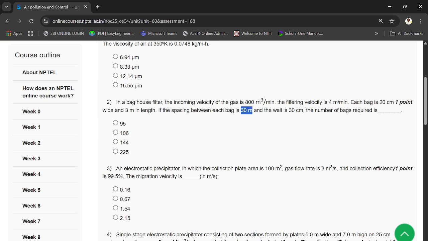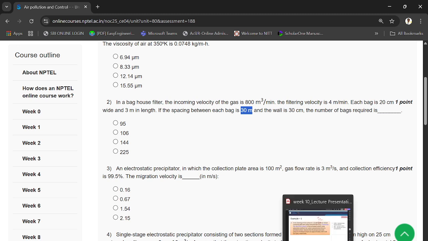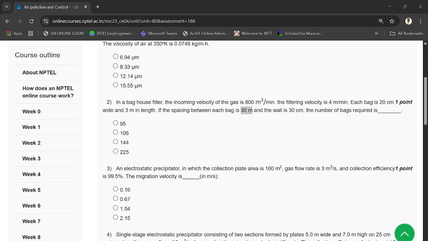Yes, they have given 30 meter, 800 meter cube, 20 centimeter wide and 3 meter length. Okay, it's a bag house. So we'll go with the ninth PPT.